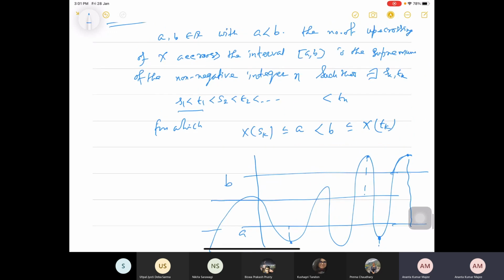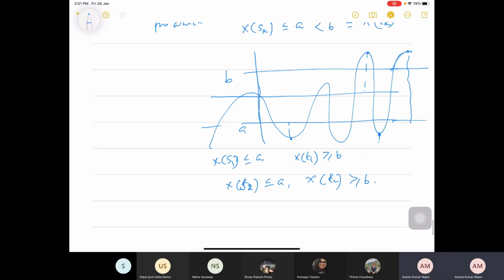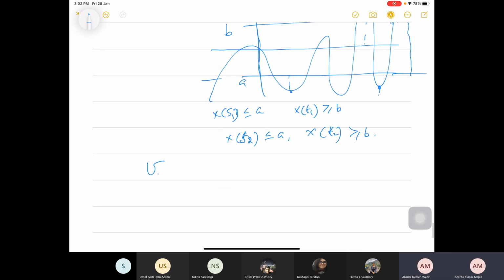So what it says is the number of upcrossings is the supremum of the non-negative integer n such that this holds. In this case you see the number of upcrossings is 2 along this interval a to b. We denote this by U_n of [a, b].